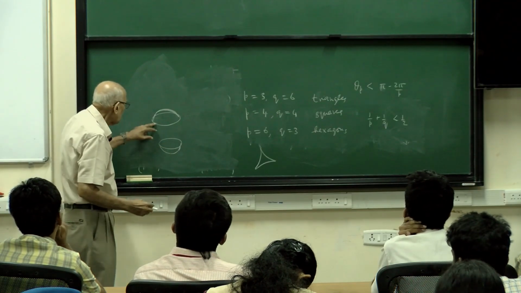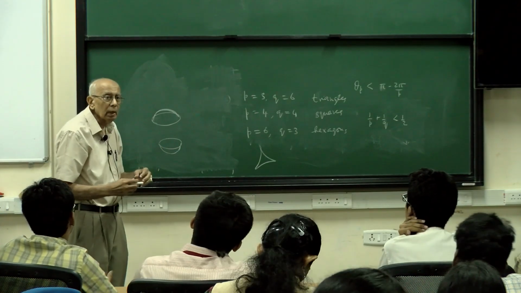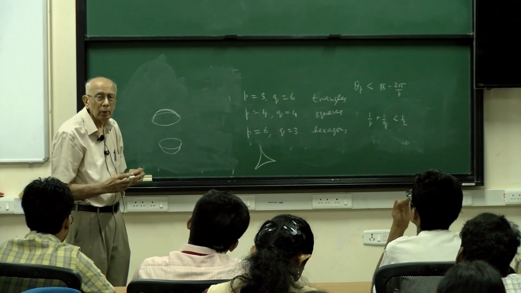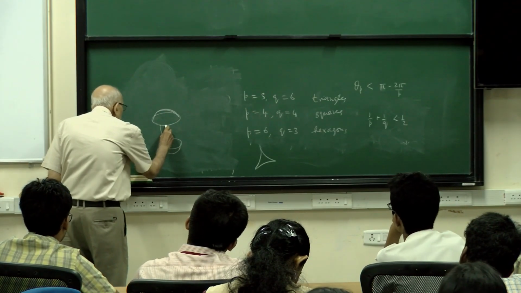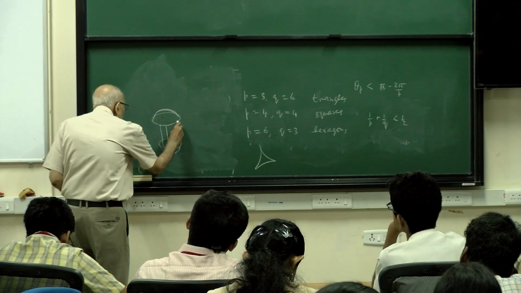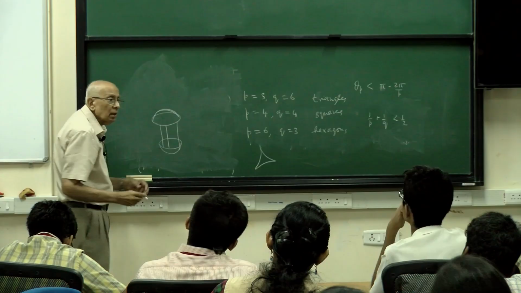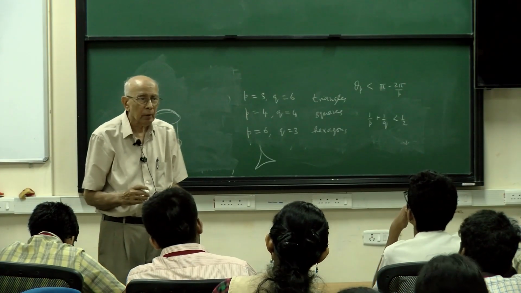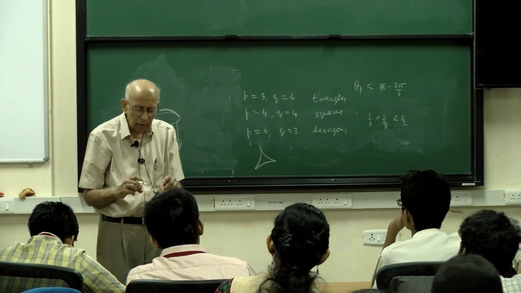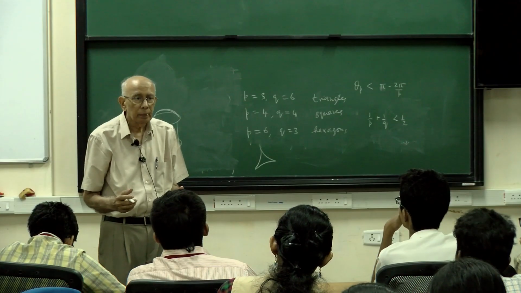I bring the 2 together and identify pairs of points: this point with this point, and so on. They are mathematically taken to be exactly the same point. That's like saying I take these 2 circles and stick them together and I get S2.